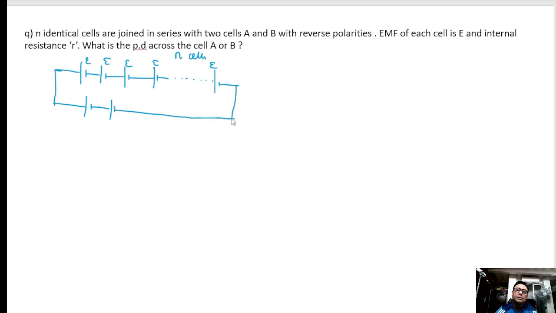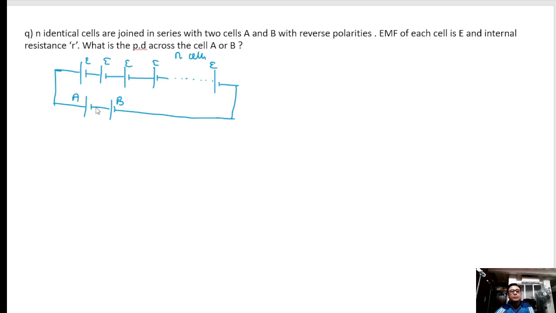That means here there are n cells, each of EMF E. These are connected to 2 cells with reverse polarity, A and B. See how they are connected, reverse polarity.